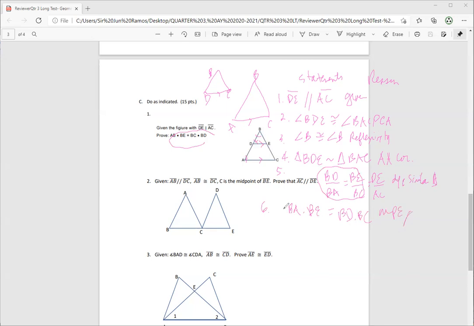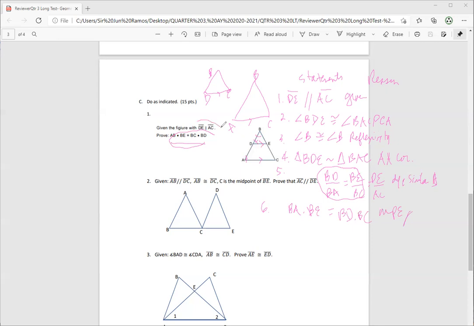That's what we wanted to prove. That this ratio here and this ratio is a proportionality, and we just had to cross multiply to get this desired form. So BA times BE is equal to BD times BC. So what did we actually do here?